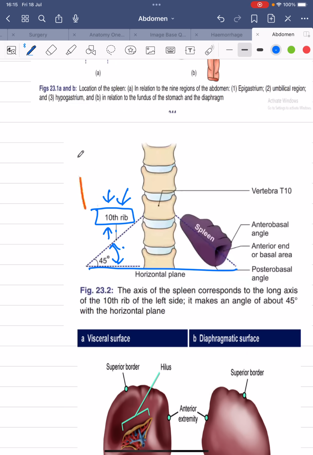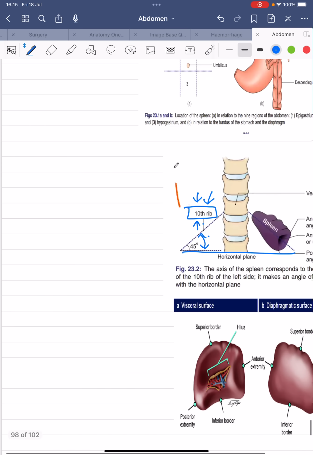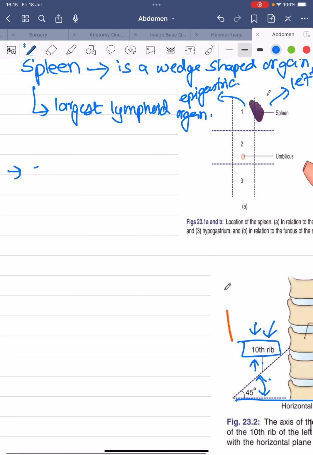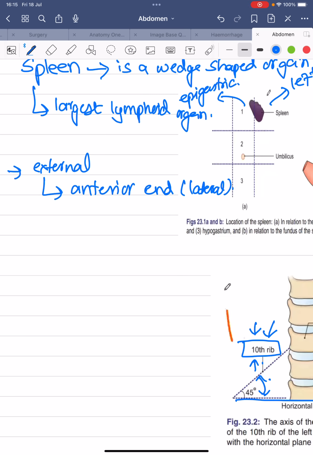What are some of the important features of the spleen which you must remember? What are the external features? It has an anterior end, which is also known as the lateral end, and a posterior end, also known as the medial end.